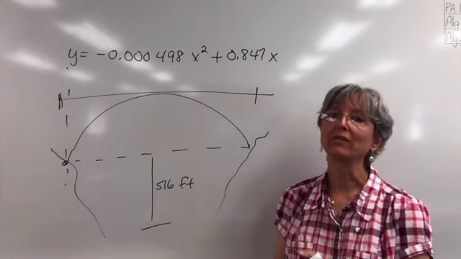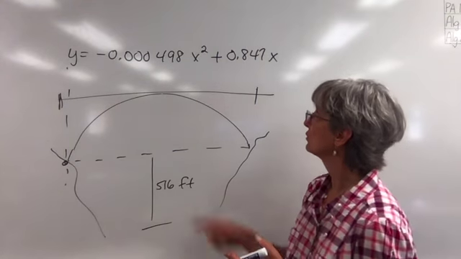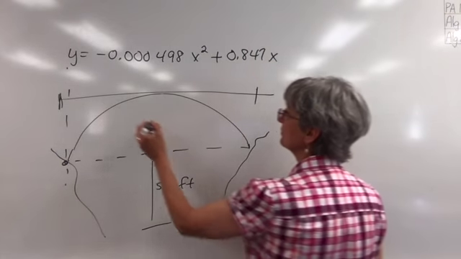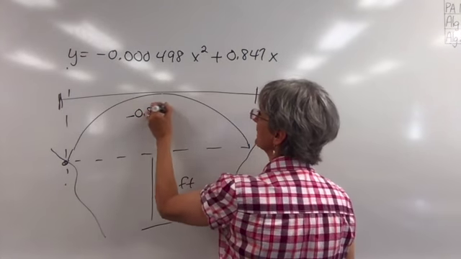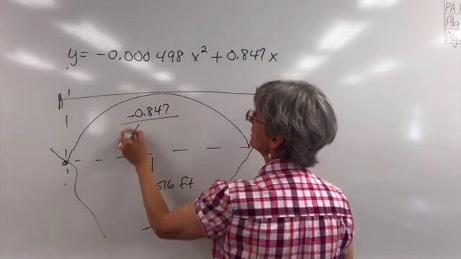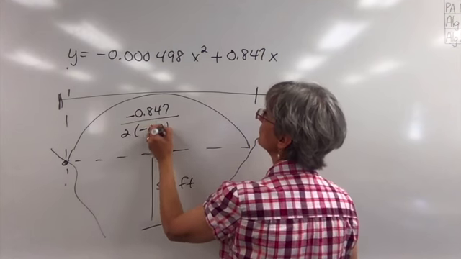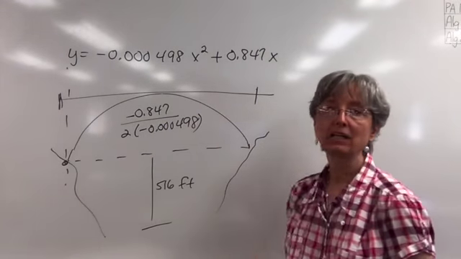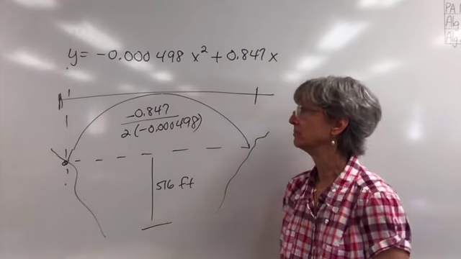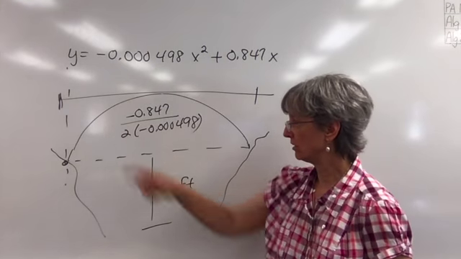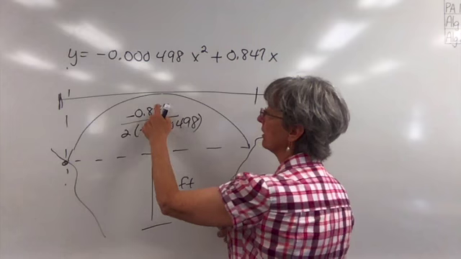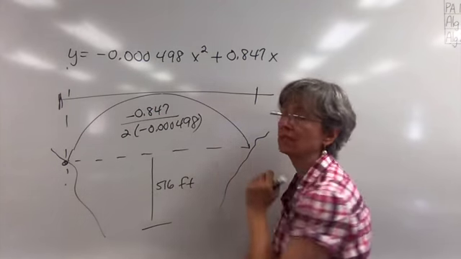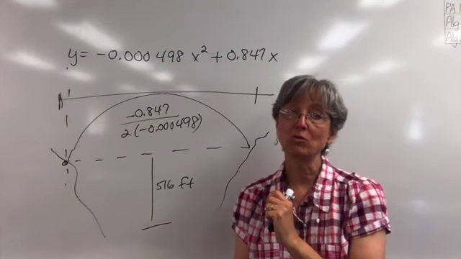We start with negative b over 2a. So you're going to need your calculators. So negative 0.847 over 2 times negative 0.000498. And you put that in your calculator. Be careful: if you go this divided by this, and then put parentheses around the rest, your calculator may do order of operations.